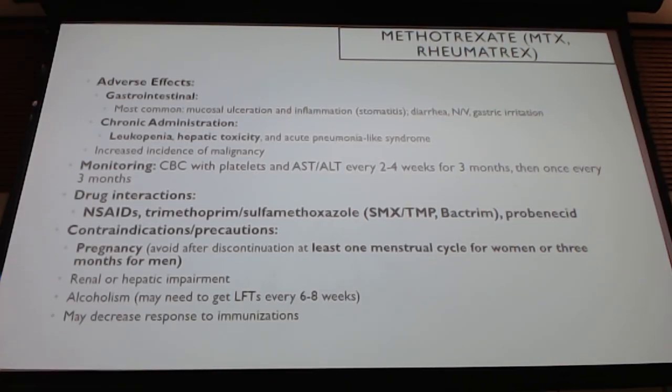Looking at my interactions, this is going to kind of make a little bit of sense because I have all of these different things that I'm worried about to say, hey, I want to make sure that I'm not decreasing methotrexate excretion. Because if I decrease the excretion, my levels of methotrexate are going up inside of my body. My levels are now going up, which means my side effects went up. The chances of me getting those went up.